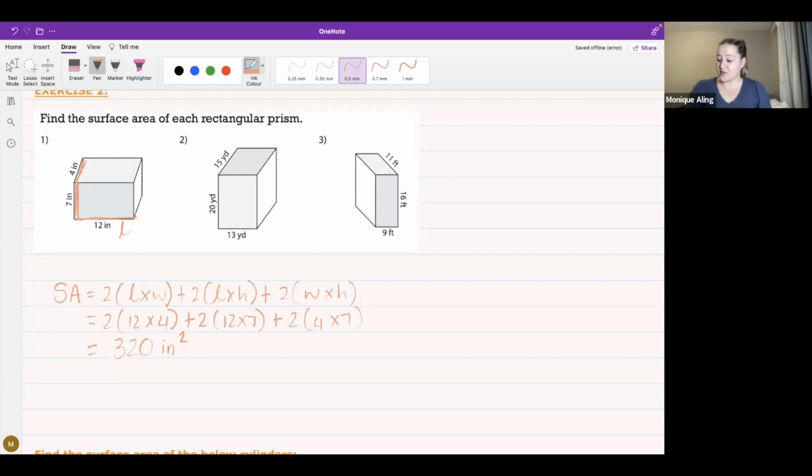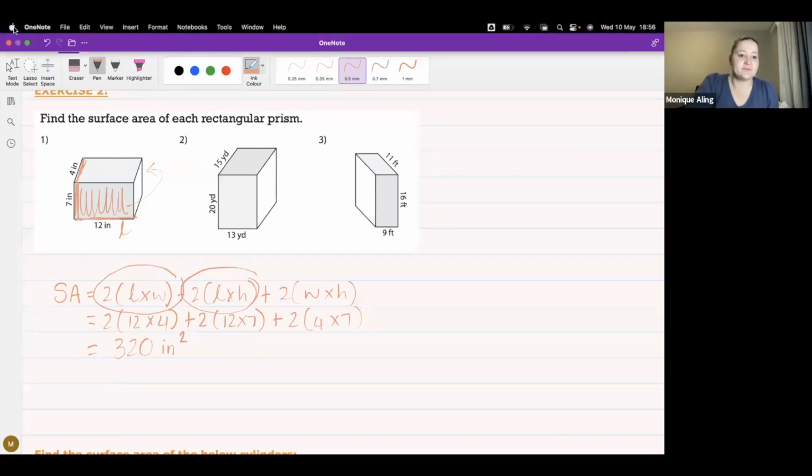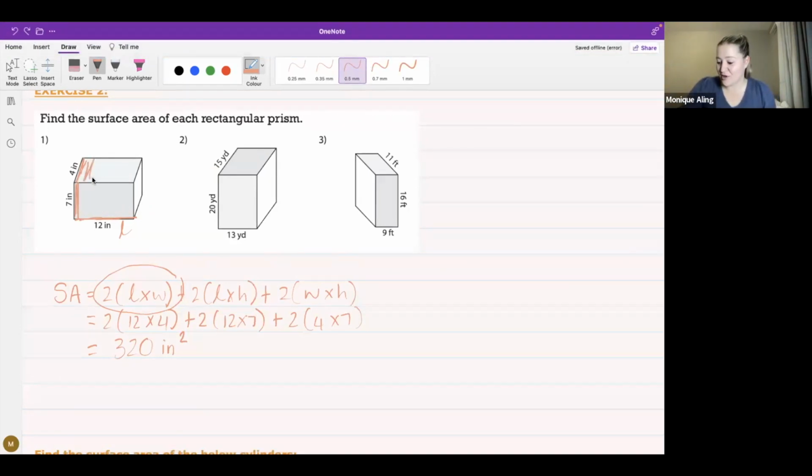Okay, so just quickly, the first part of the formula works out the front of the shape as well as the back side. The second part works out, sorry, I did that the wrong way around. The first part of our formula works out the top of the shape and the bottom.